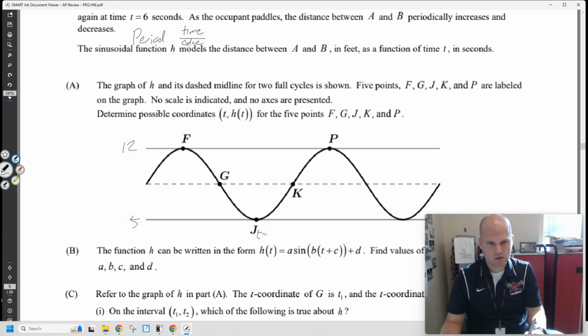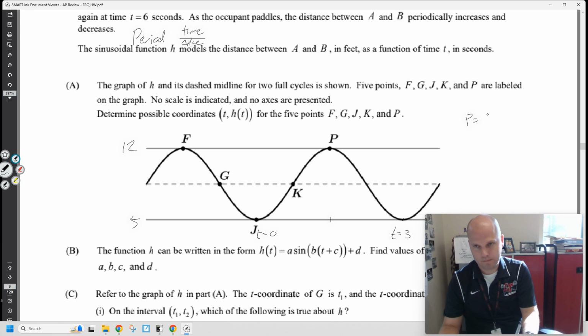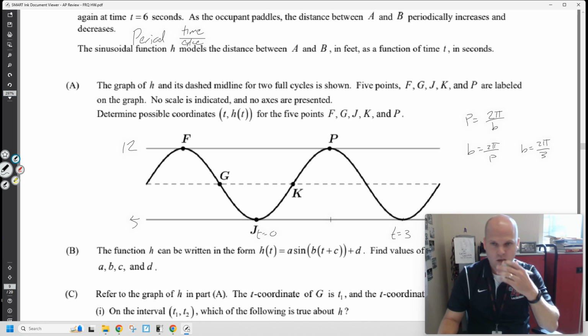So this is t equals 0, sure. This will be t equals 3. Let's take the period. Period is 3. Period is 2 pi over B, or B equals 2 pi over the period. Period is 3, B is 2 pi over 3.